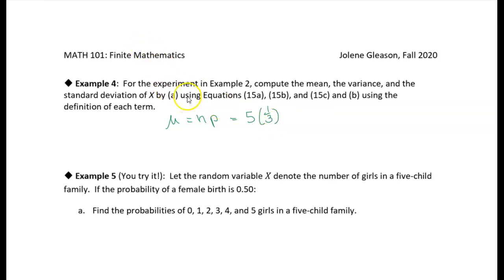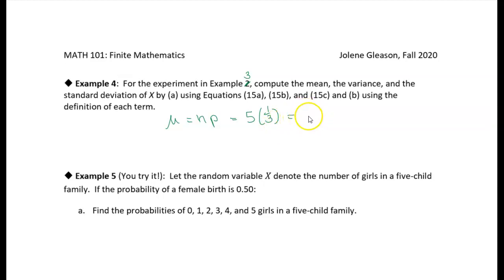I guess I got my examples mixed up here, but I think this should have been example 3. This is the example that we just did. That was when success was either a 1 or a 6, so that's why our probability was 1/3. So we're looking back at example 3.